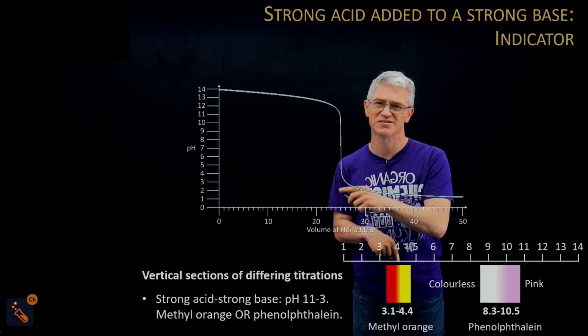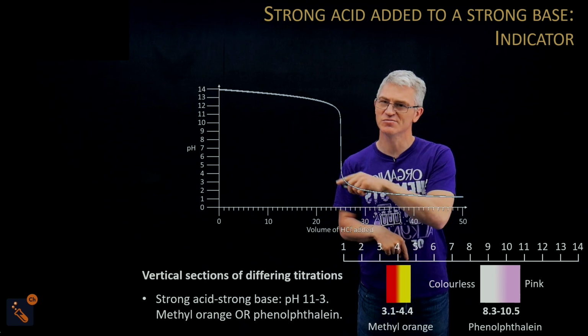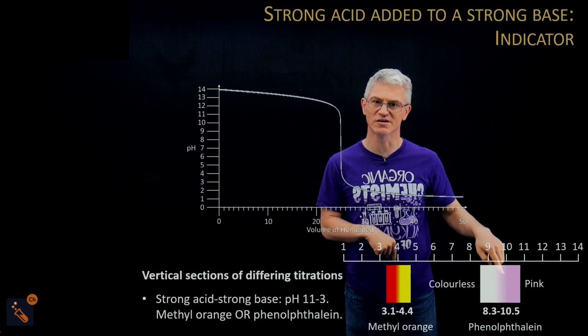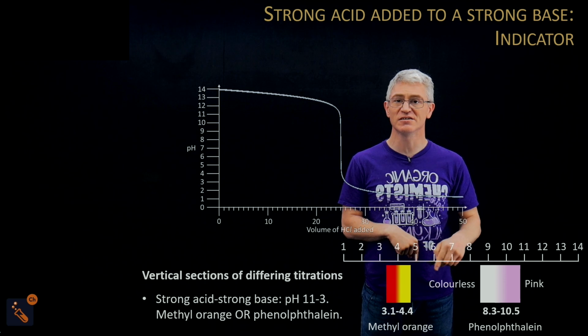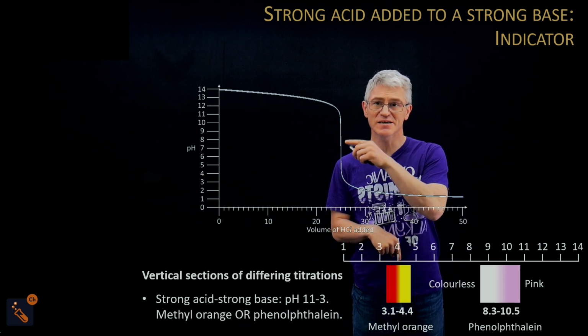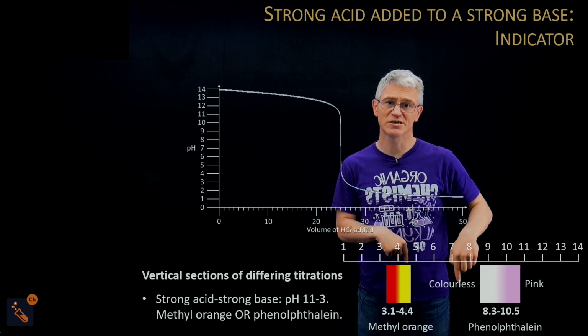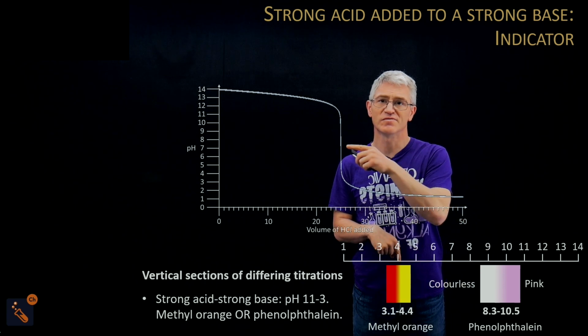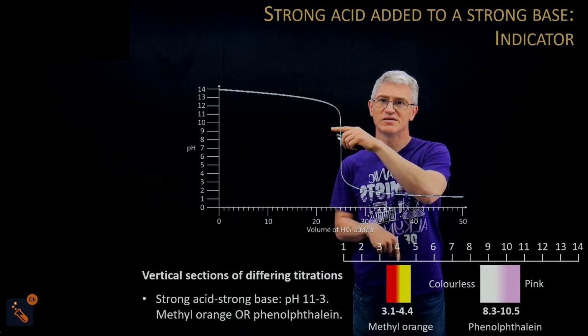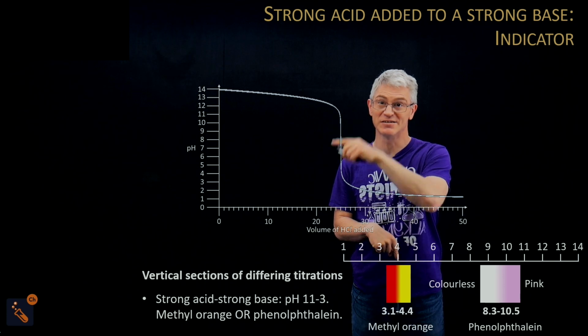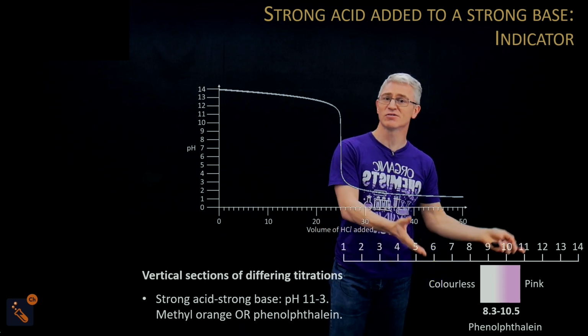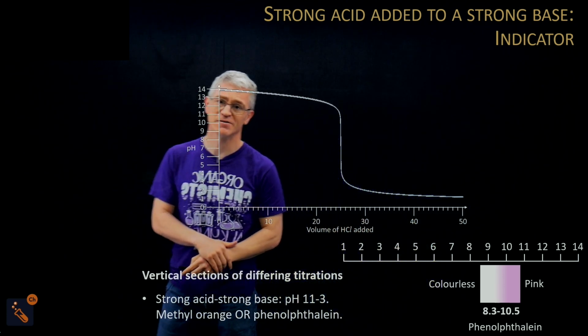It's kind of just, but it's not perfect, it's almost on the bend, so I wouldn't really choose that. If we look at phenolphthalein, that's colourless to pink, and you've got 8.3 to 10.5. Well, 8.3 is around about there, 10.5, that's really in the vertical section. So for this one, I'm going to choose phenolphthalein. That's going to be my one.